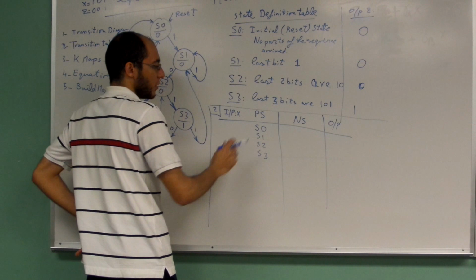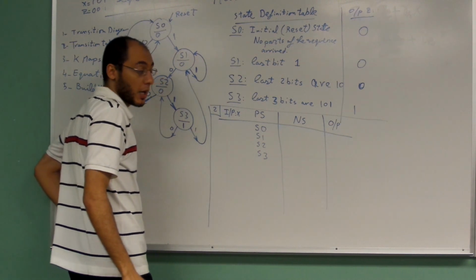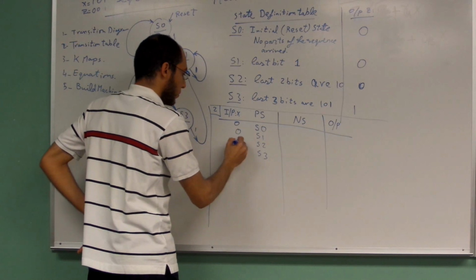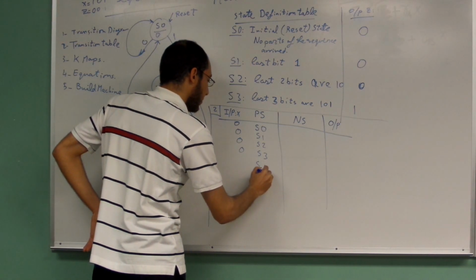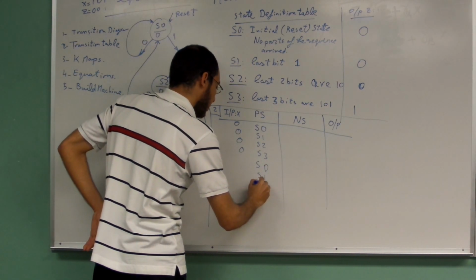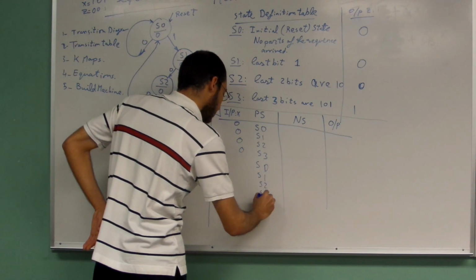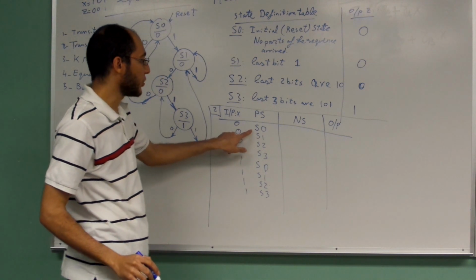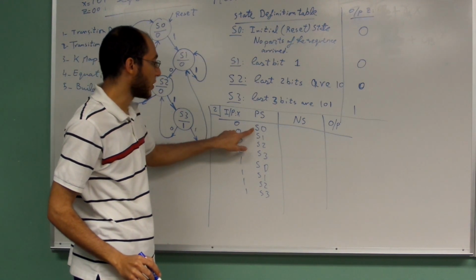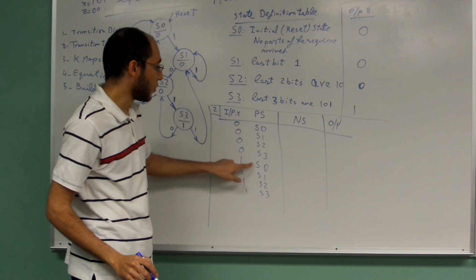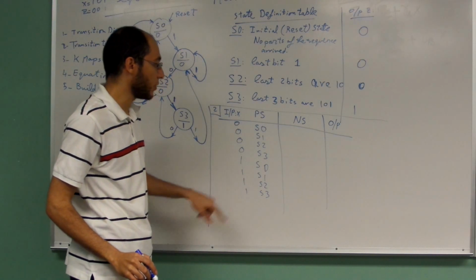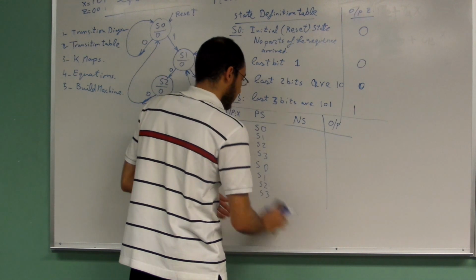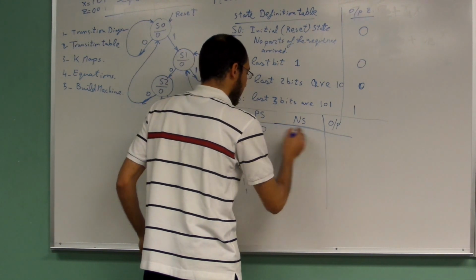These are the possible states. Okay? But I need to consider the possible states when the input x is 0, and I need to consider them when the input is 1 as well. So what happens to these states when the input is 0, and what happens to the same states when the input is 1. Okay? And I'm going to write down here the binary assignment.